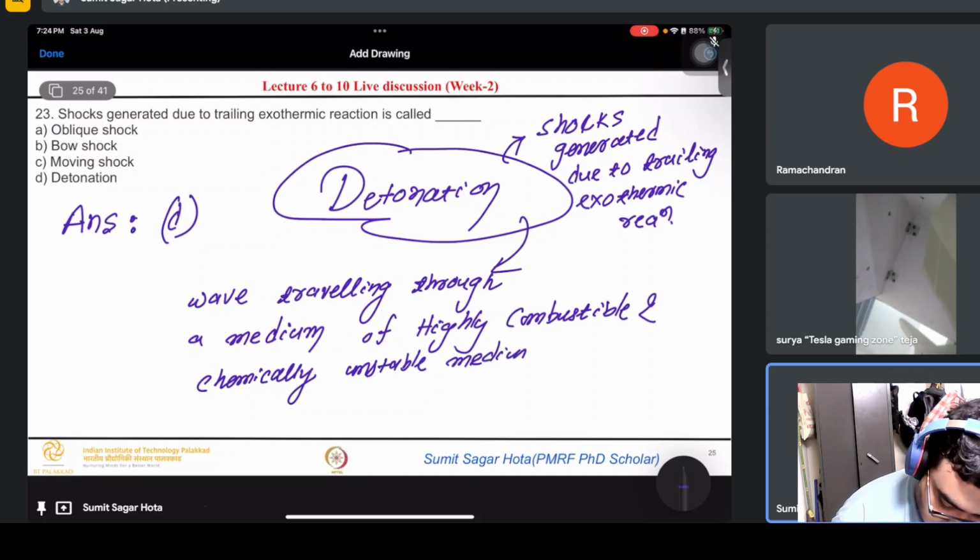This is the situation in which detonation will happen.